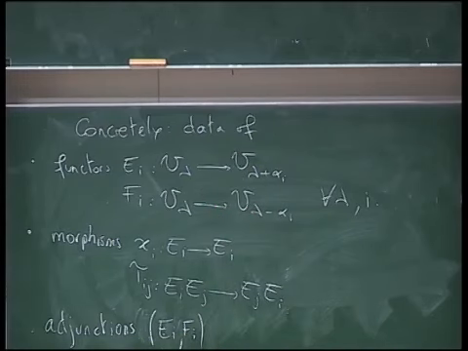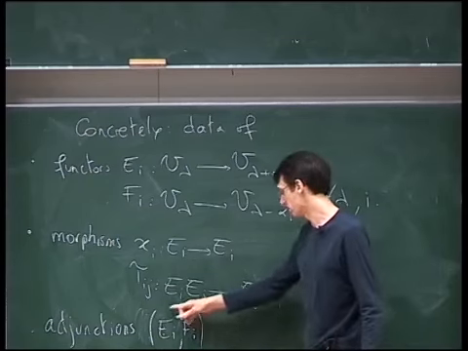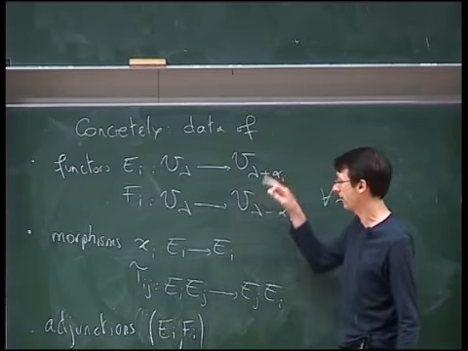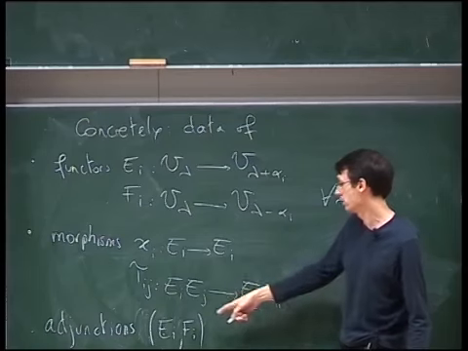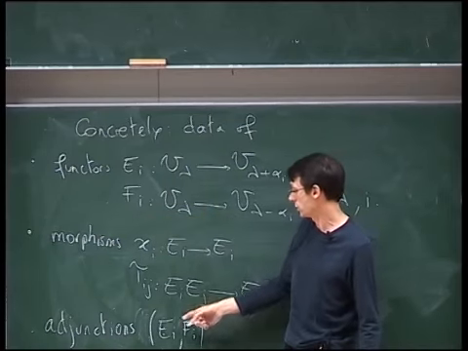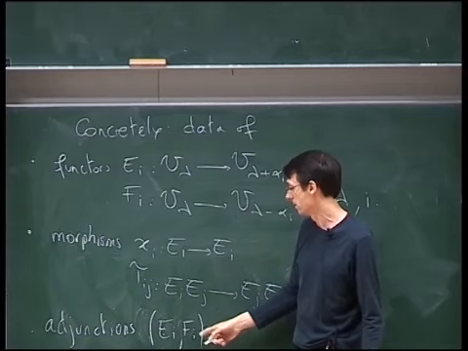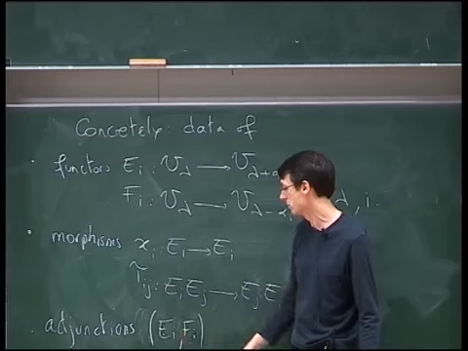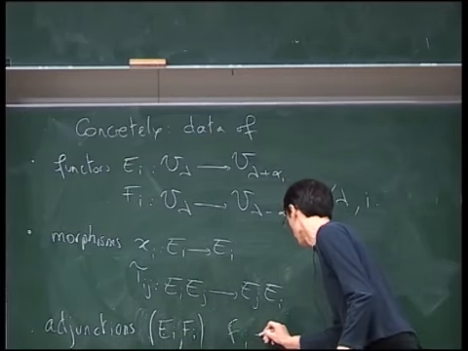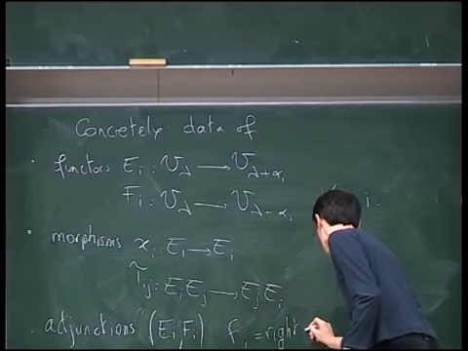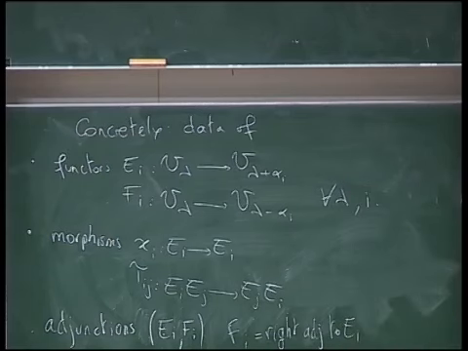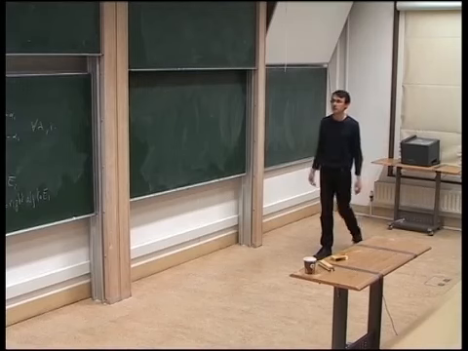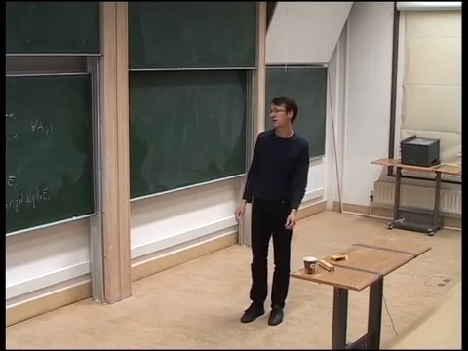In the definition of A, Fi was given as a right dual to Ei. So in terms of categories, it means that we're given functors like this, and an adjunction between Ei and Fi. So Fi is realized as a right adjoint to Ei. In some sense, you're only given Ei, and you could define Fi as a right adjoint. So this would be a condition that Ei has a right adjoint.